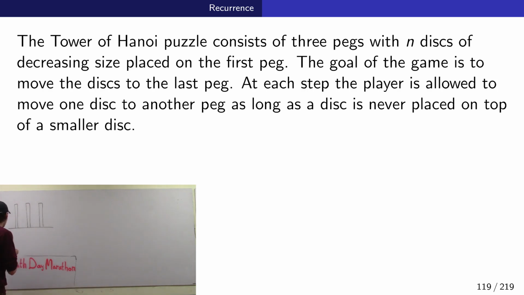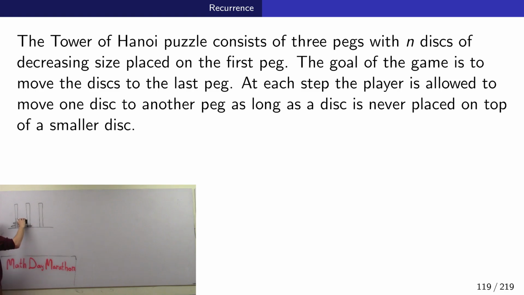So maybe we can draw some pictures. Maybe we have a big one here, and a slightly smaller one above it, then a baby one here. This is with n equals 3, by the way. One such step would be to move this small ring onto here. I'm going to now draw something that's not allowed.